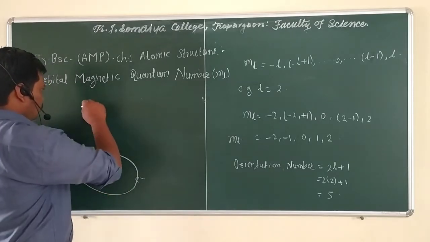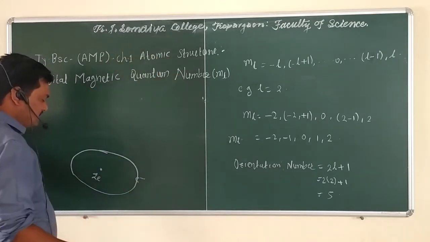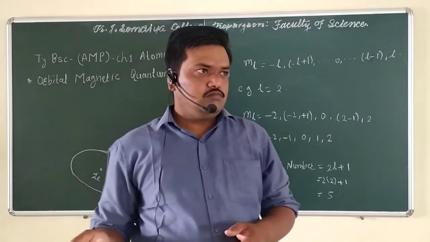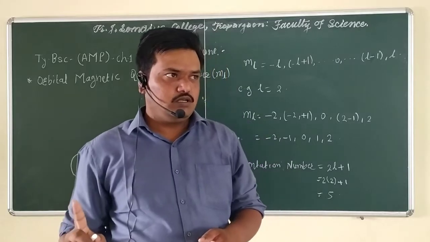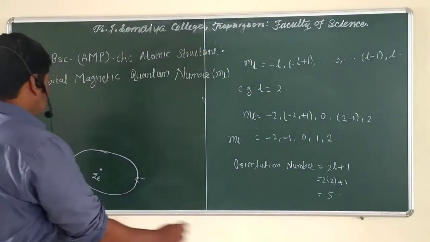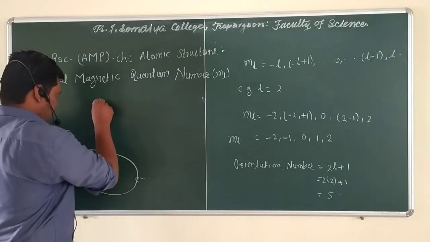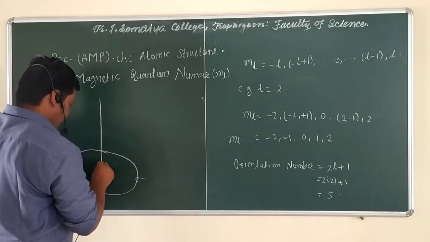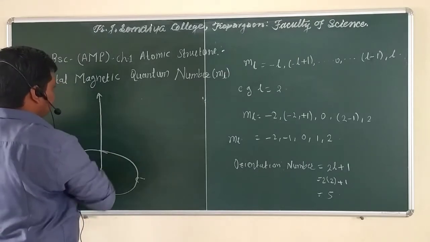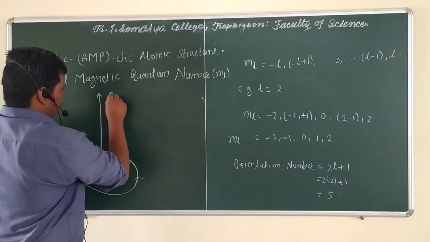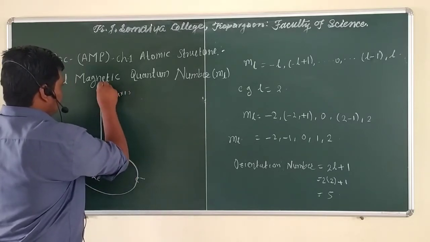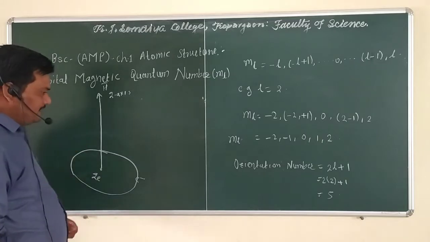According to the theory of the orbital magnetic quantum number, the atom is placed in an external magnetic field, and the magnetic field is along the z axis, the H bar along the z axis.